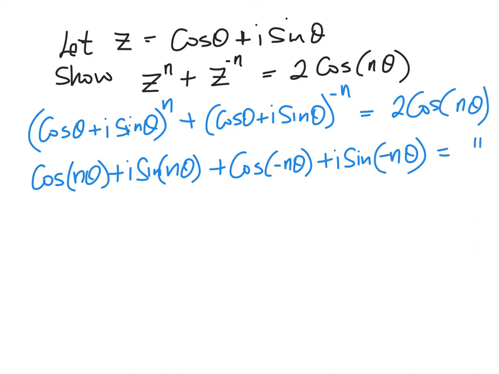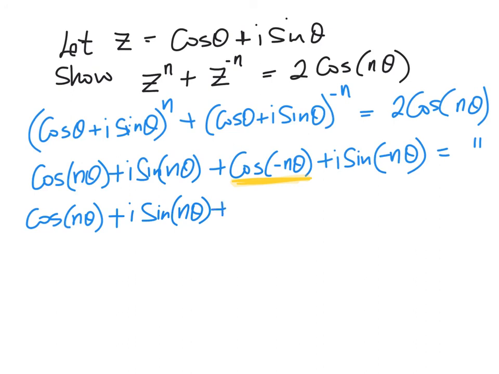Now, here is where we're using what I just showed you a moment ago. So cos n theta, we won't do anything with that. And i times the sine of n theta, don't have to do anything with that. But this one here is the cos of a negative angle. And as I've just shown you on the previous page, the cos of a negative angle is the same as the cos of the positive version of that angle.